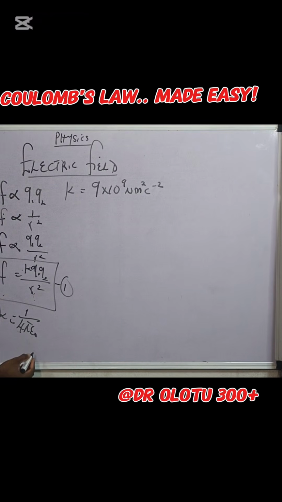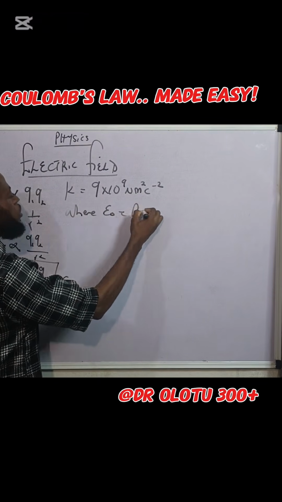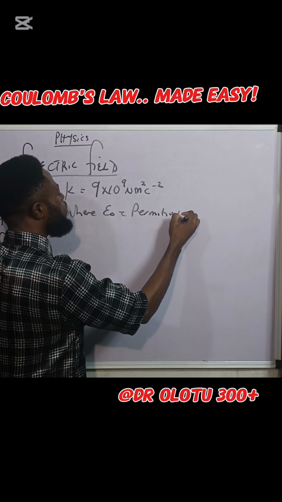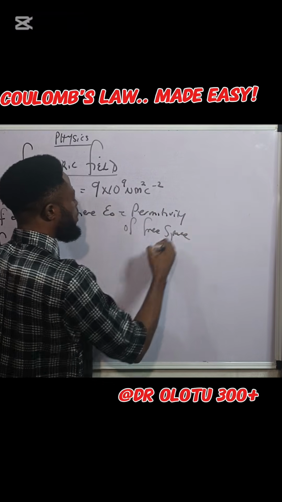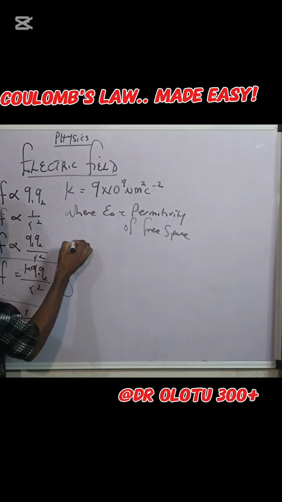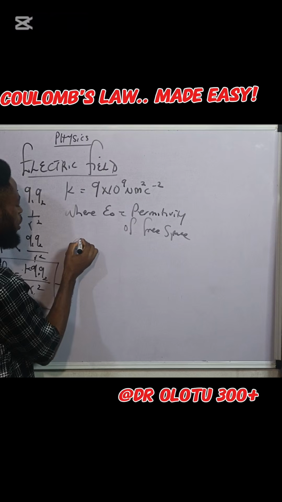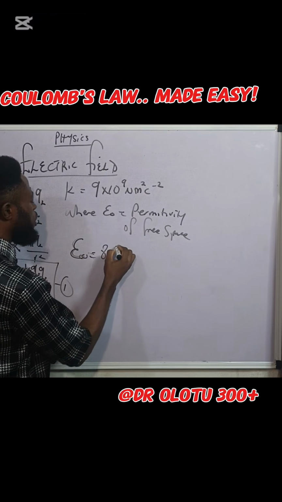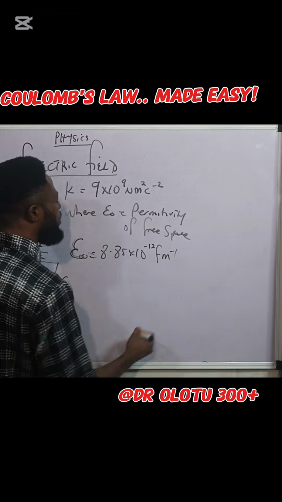And of course, this is the formula for K as well, where E naught is the permittivity of free space, and the value for E naught is given as 8.85 times 10 to the minus 12 farad per meter.